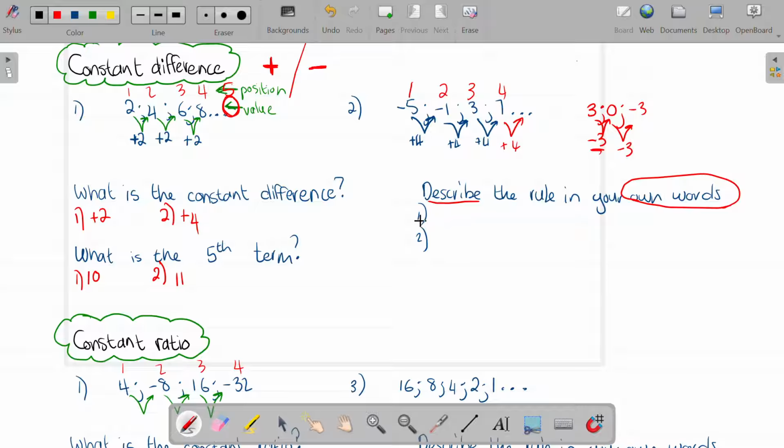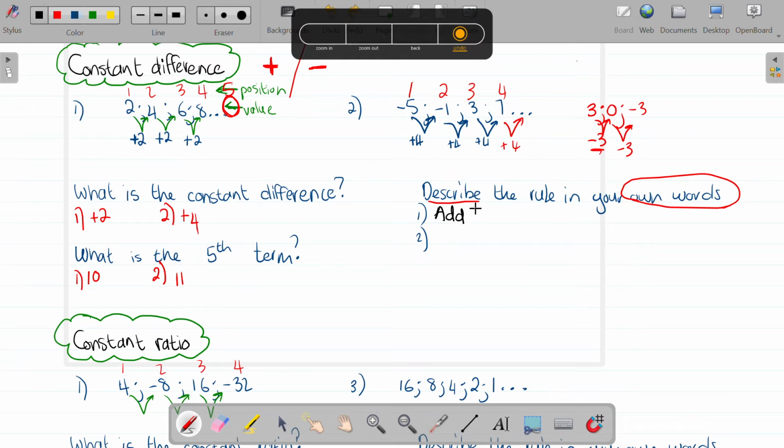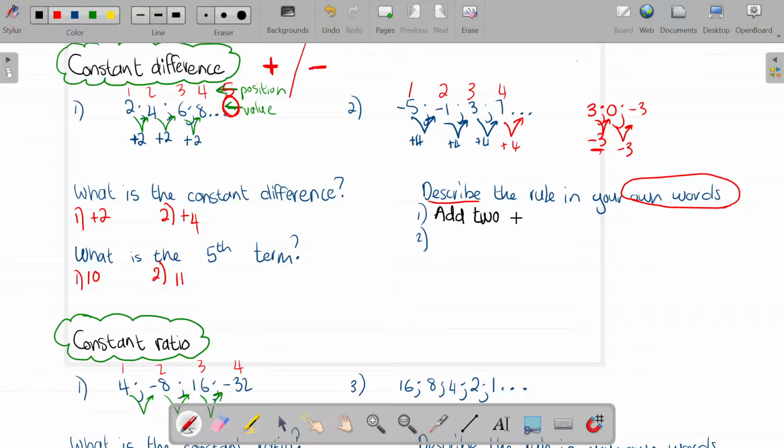So for instance, number 1, to describe it in your own words, you would say add 2, or actually I prefer it when you write it in words because it says a word. So add 2 to the previous term. So that makes sense.